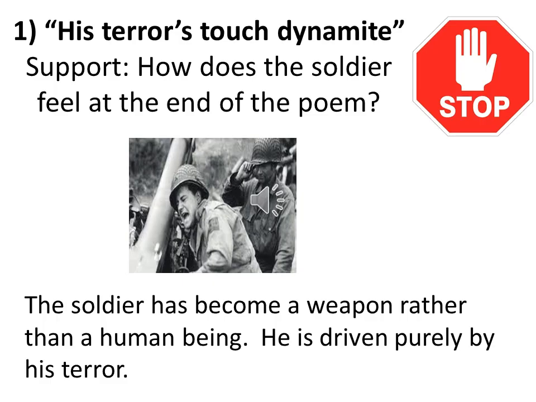So the quotation I've asked you to explode was "His terrors touchy dynamite." And in order to help you think about what's the big idea here, you need to ask yourself how the soldier is feeling at the end of the poem. And remember, we've said in the past that the soldier has become a weapon rather than a human being.